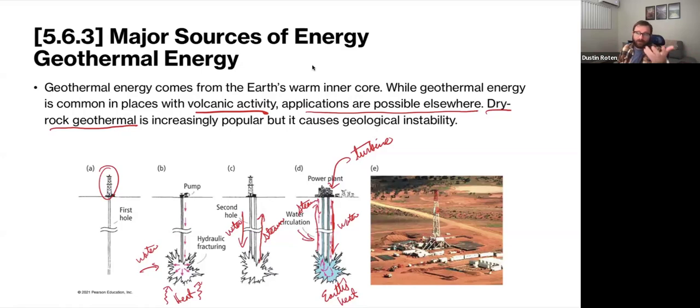Even with nuclear, the big nuclear power plants with uranium and plutonium heat up water and turn it into steam and use that steam to turn a turbine. All of these are just trying to turn a turbine. And that's where the energy you use in your daily life comes from when you turn on a light switch. It's generated from a turning turbine somewhere.